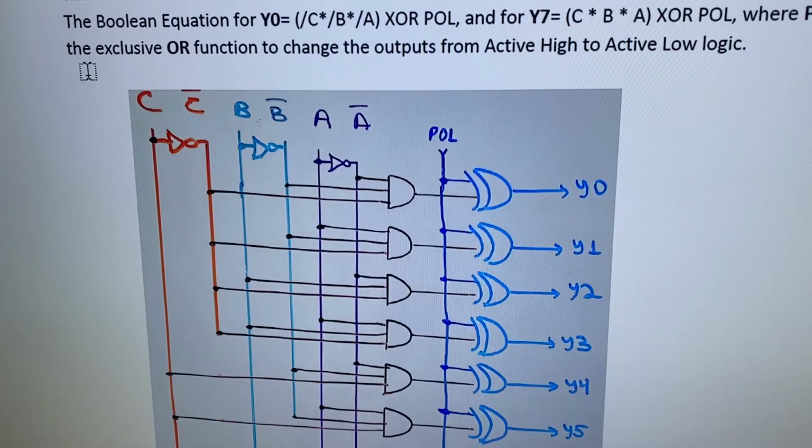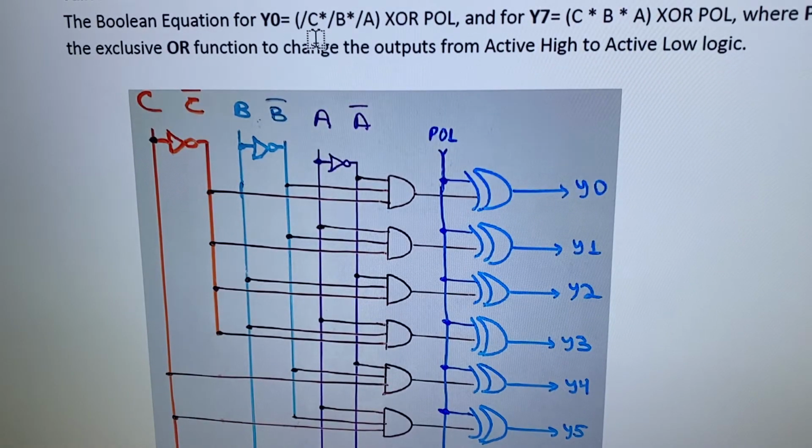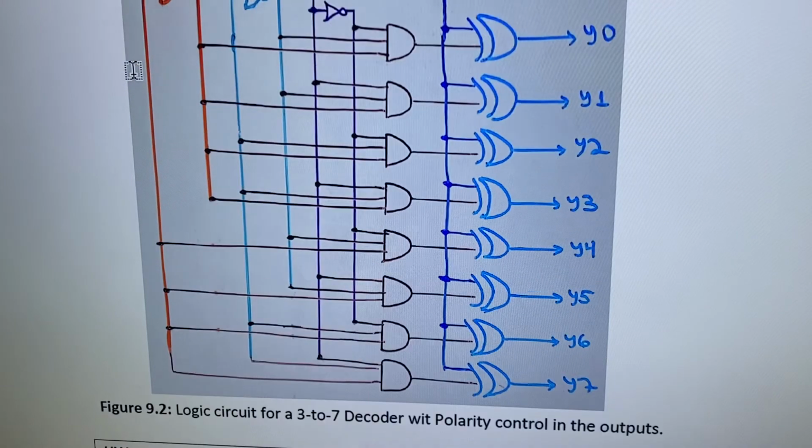Okay, so from that truth table, you can get the Boolean equations for Y0 up to Y7, and you have an A, not A, B, not B, C, and not C.